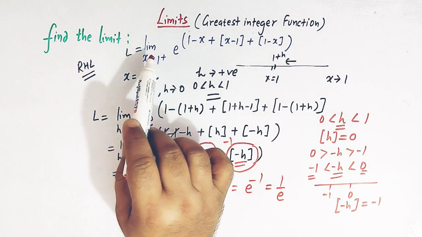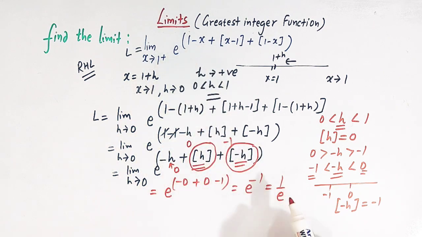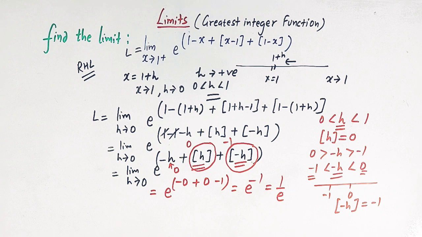So the value of this limit is equal to 1 over e, that is e raised to minus 1. So this is how by the concept of greatest integer function we can evaluate these type of limits.